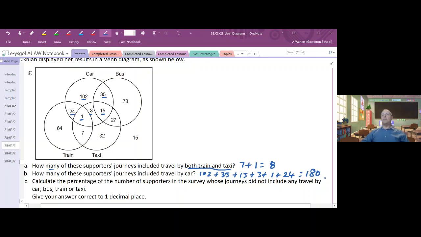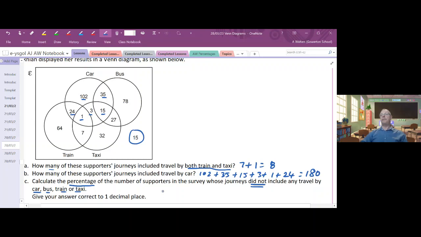Question C, calculate the percentage of the number of supporters in the survey whose journeys did not include travel by car, bus, train or taxi. So it's these 15, the people that probably just walked to the stadium.